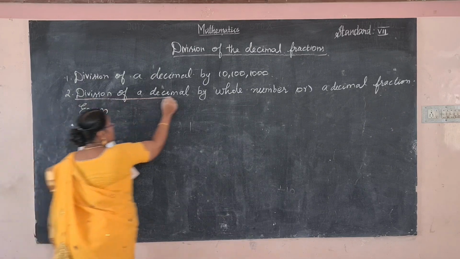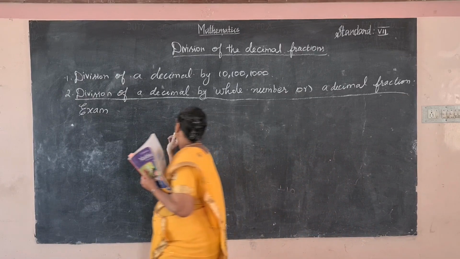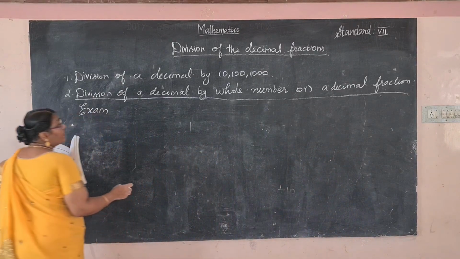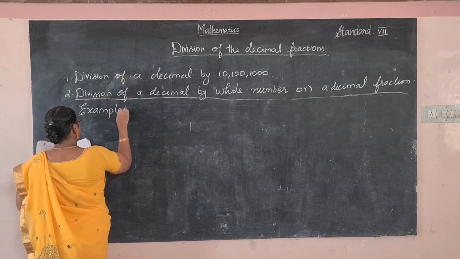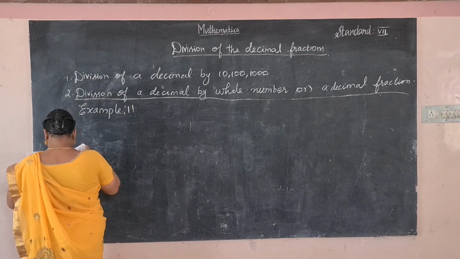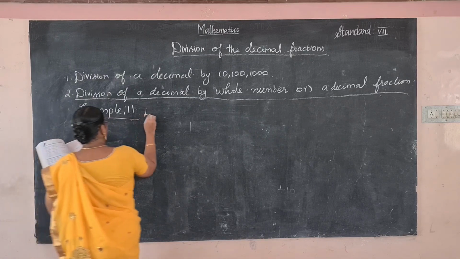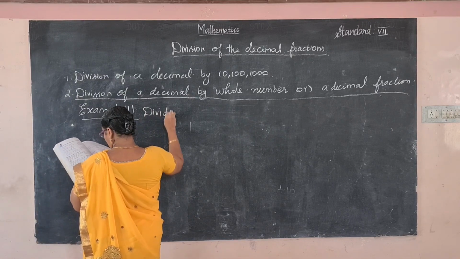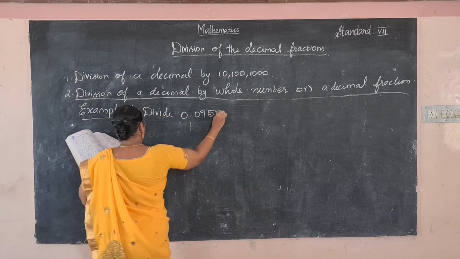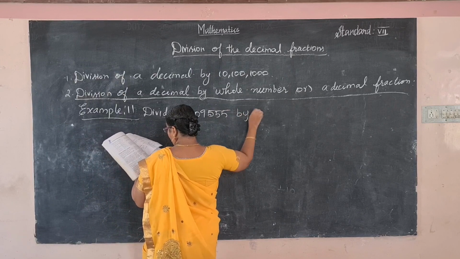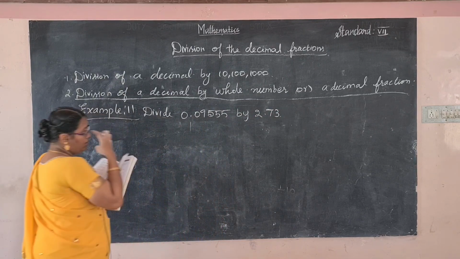Now see this second type. Divide 0.09555 by 2.73.